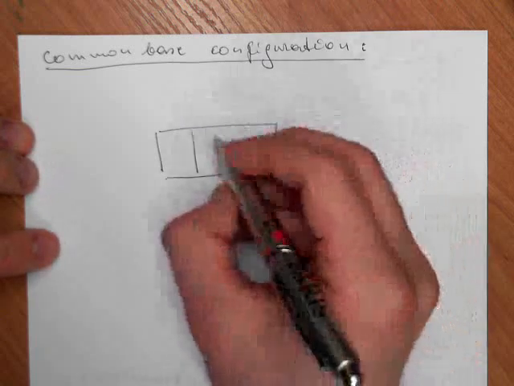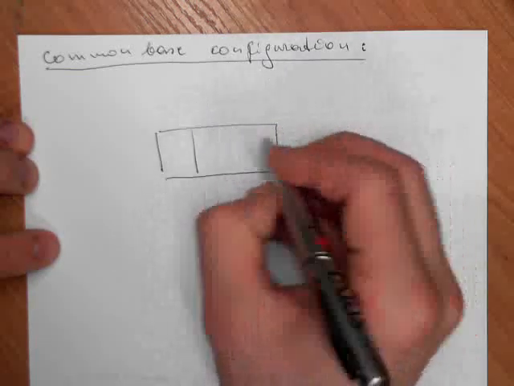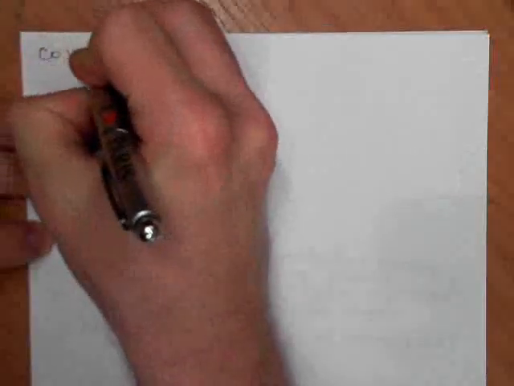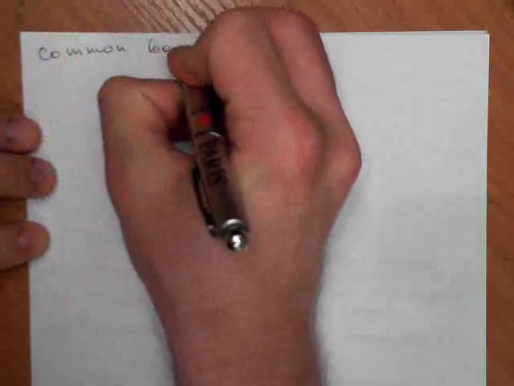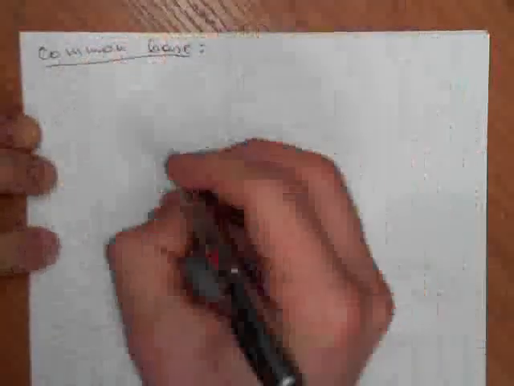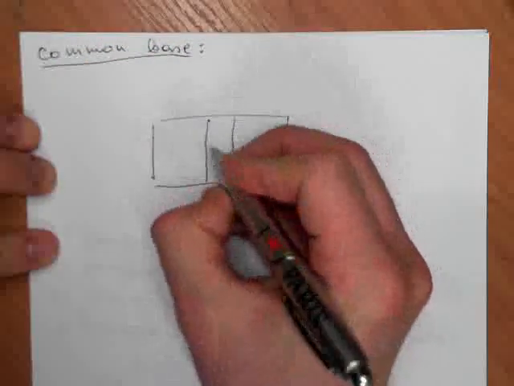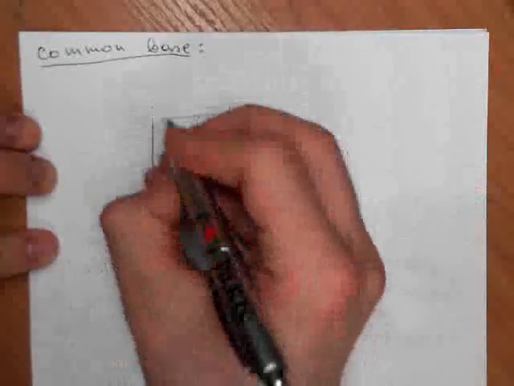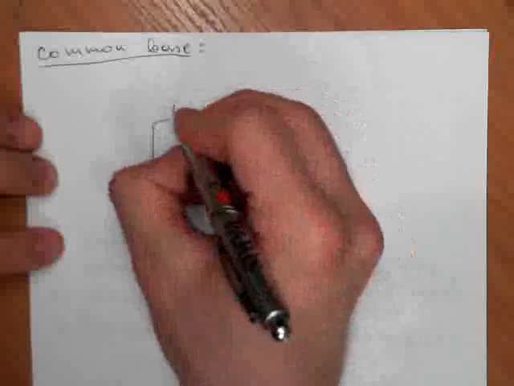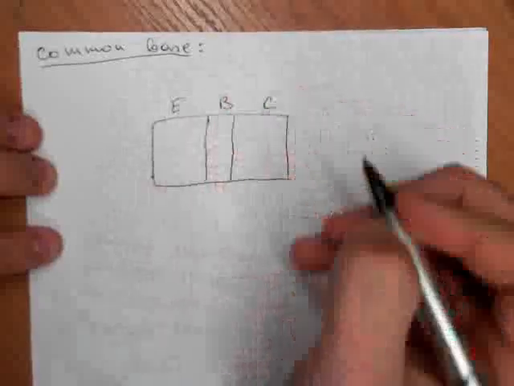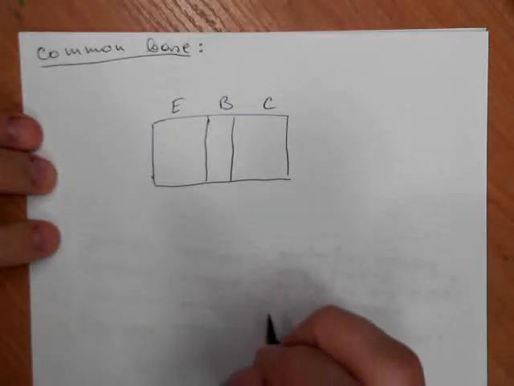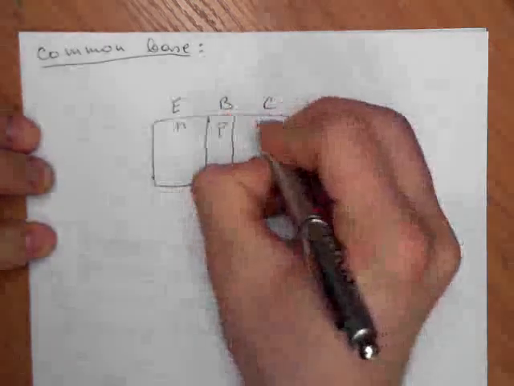Let's draw it like this. Base is very small compared to emitter and collector. So we have E, B, C.